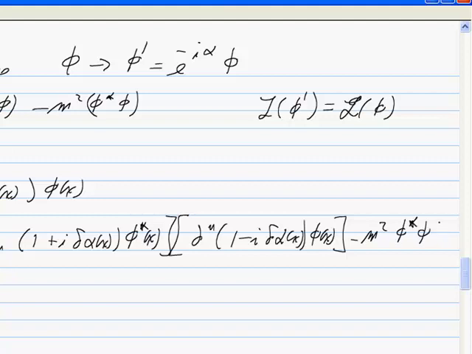Okay, so the phase dropped out over here. So there's no contribution from there, so that's an invariant still.